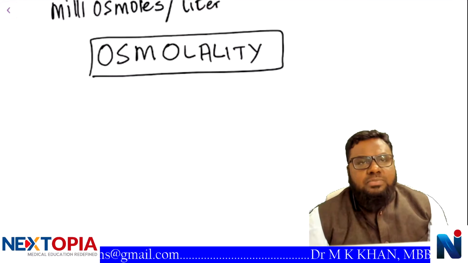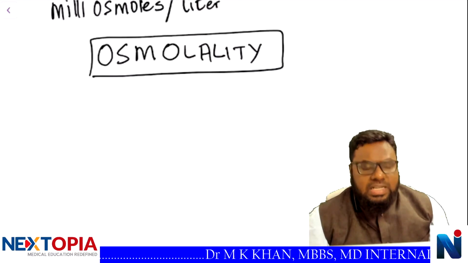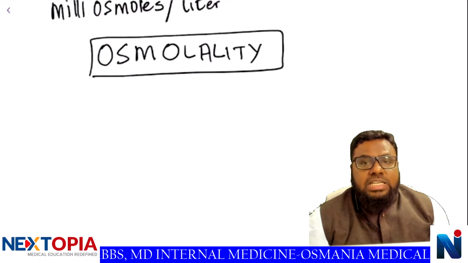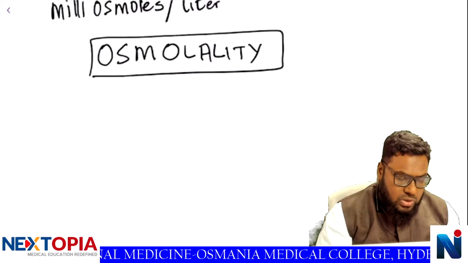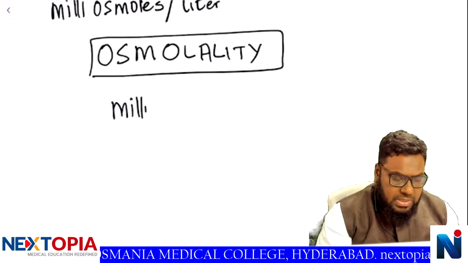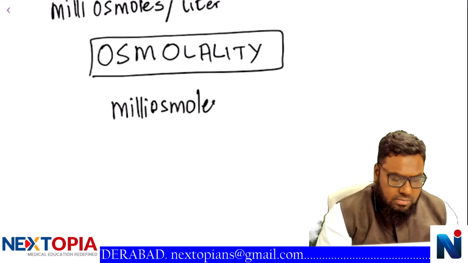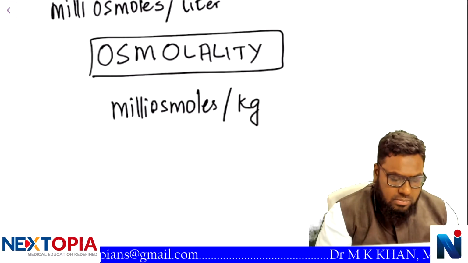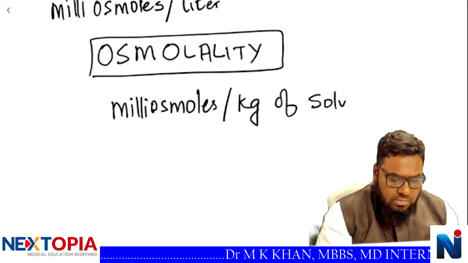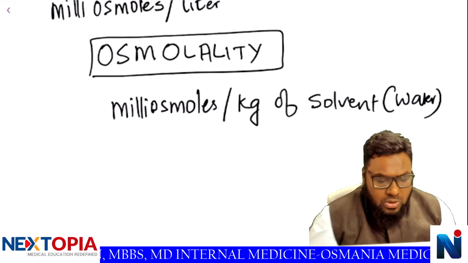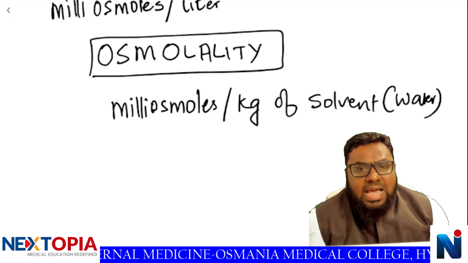Osmolality is defined as the concentration of particles per kg of water or per kg of solvent. So if it is milliosmoles per kg of water, you are calling it osmolality.